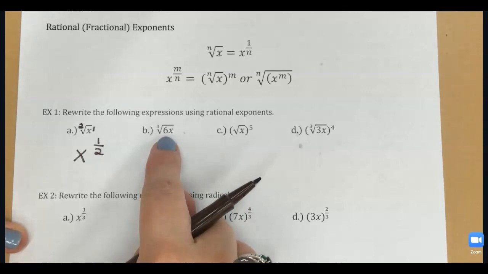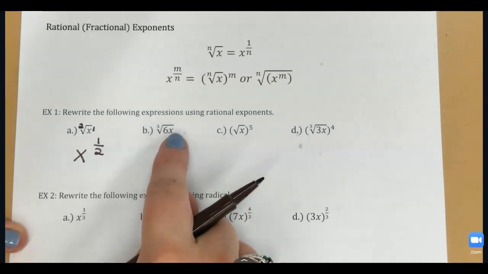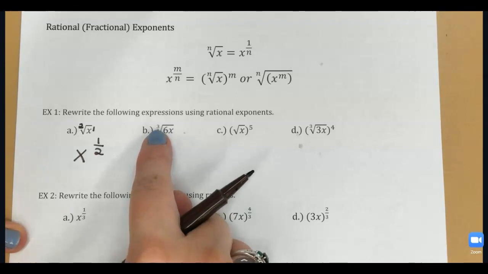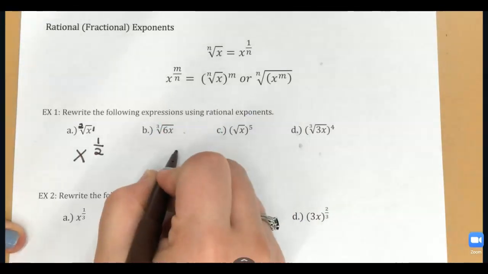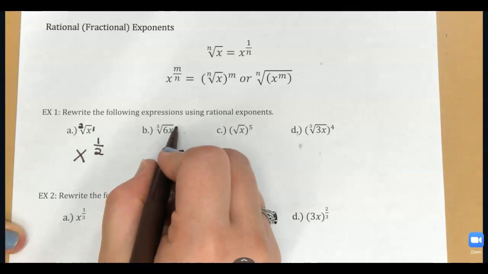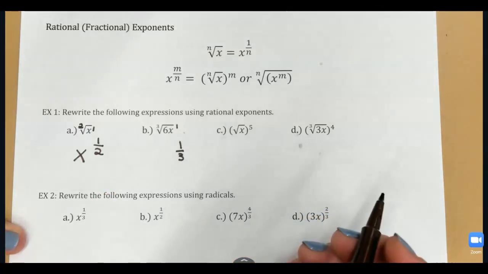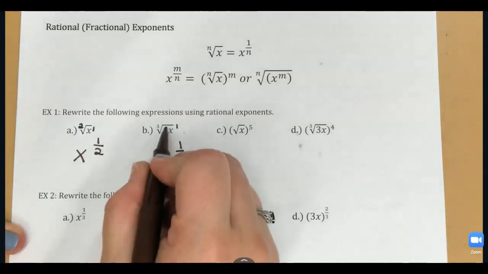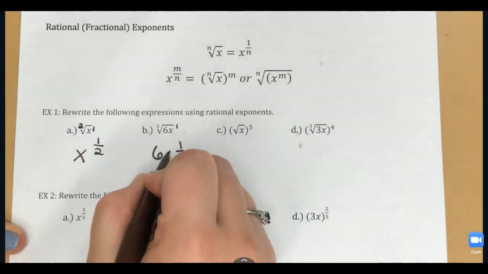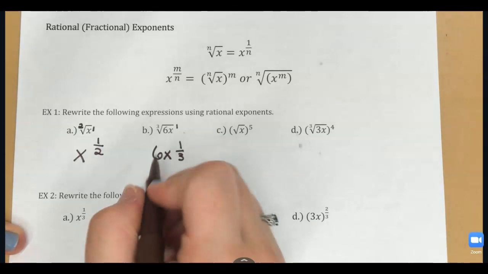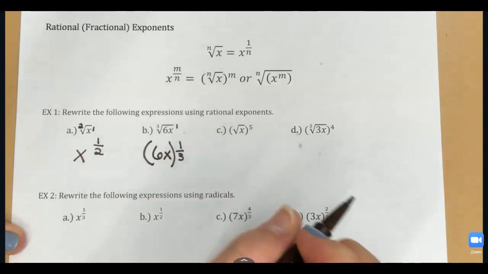Let's practice again. On part B, I have the cube root of 6x. So my index here is 3, so that's going to be my denominator. And this is being raised to the first power inside, so that's just going to be to the 1/3. Now what's important here is that both the 6 and the x are in my radical, so those need parentheses.